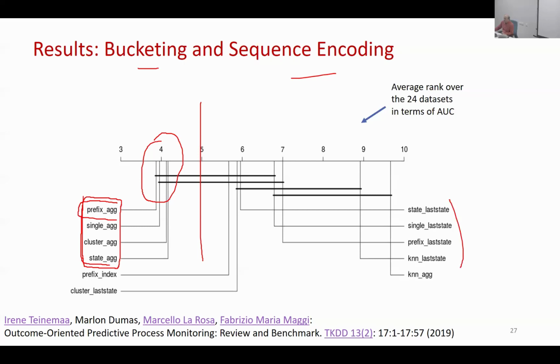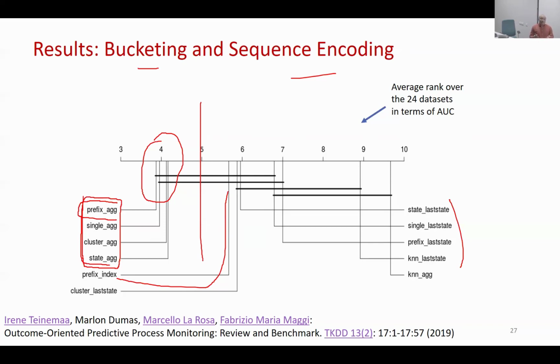Not necessarily better than prefix encoding, but they might be preferable because prefix encoding has troubles scaling up to large data sets, whereas aggregation encodings are very efficient and can scale up. So my default choice for building a classifier for predictive monitoring will be aggregation encoding.